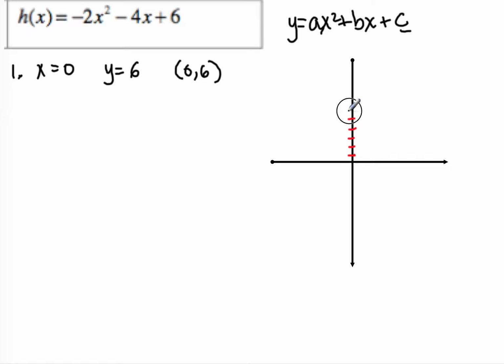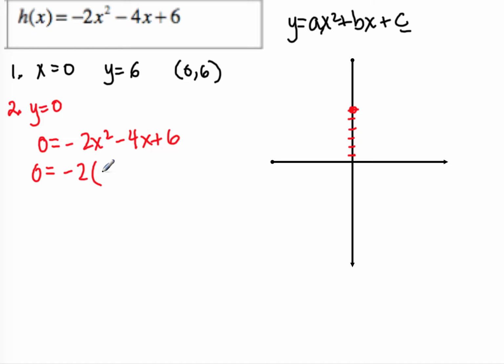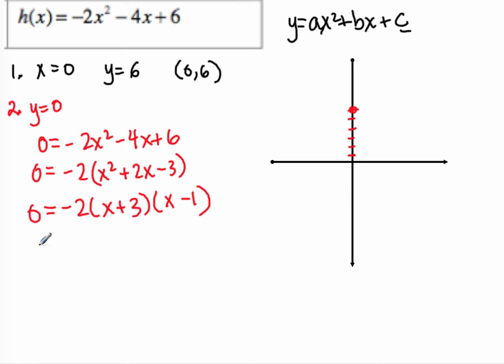All right, from here, we can find our x-intercepts by setting y equal to 0 and solving for x. So I could have 0 equals negative 2x squared minus 4x plus 6. I'm going to try to factor this so I can use a zero property. So I will factor out a negative 2 first, my greatest common factor. So that leaves me with x squared plus 2x minus 3, and then I can factor (x plus 3)(x minus 1), and I can use my zero property.